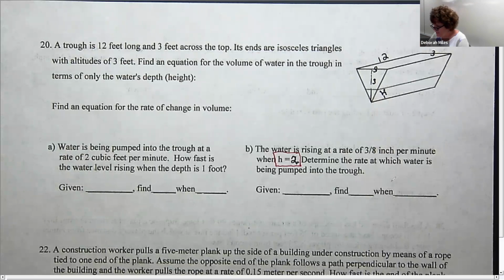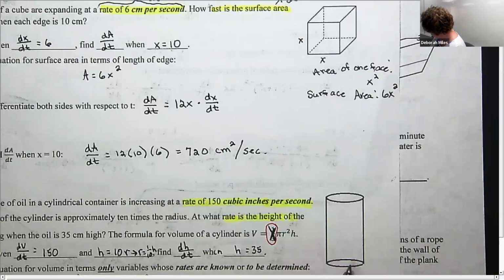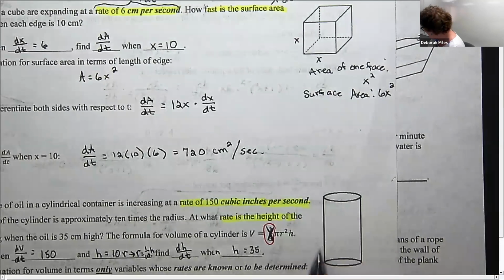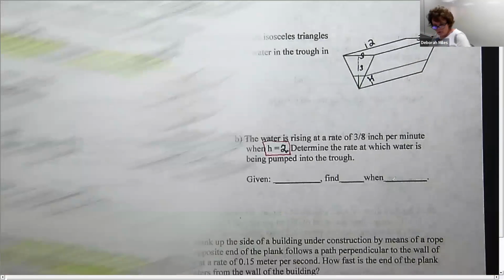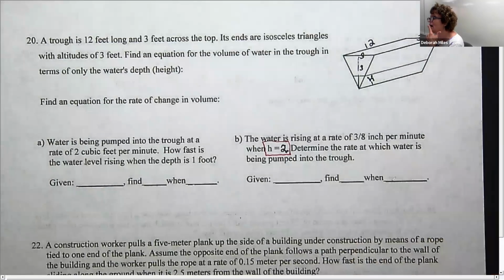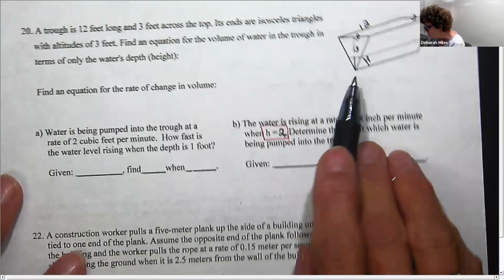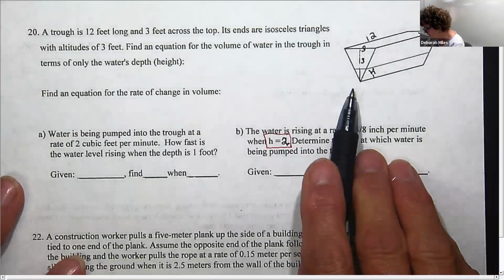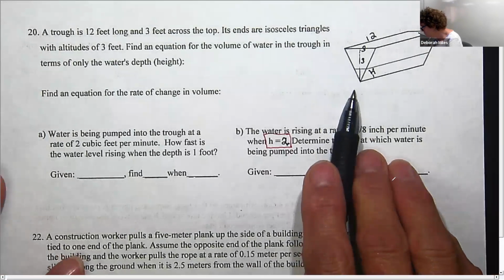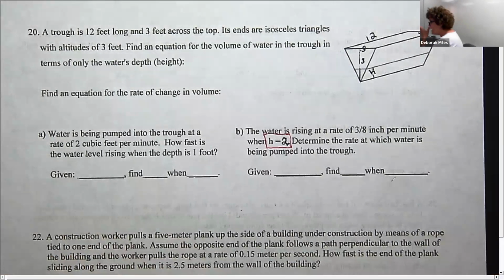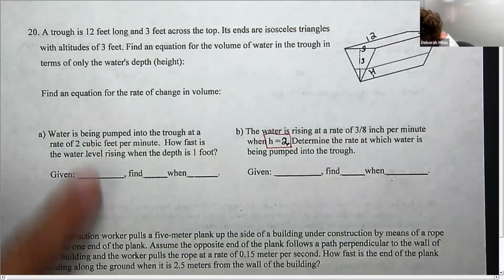Just like for this cylinder, it was the area of the base times the height of the cylinder. So what is the area of a triangle? Any triangle is half of a rectangle. So you find the area of the rectangle and then cut it in half.